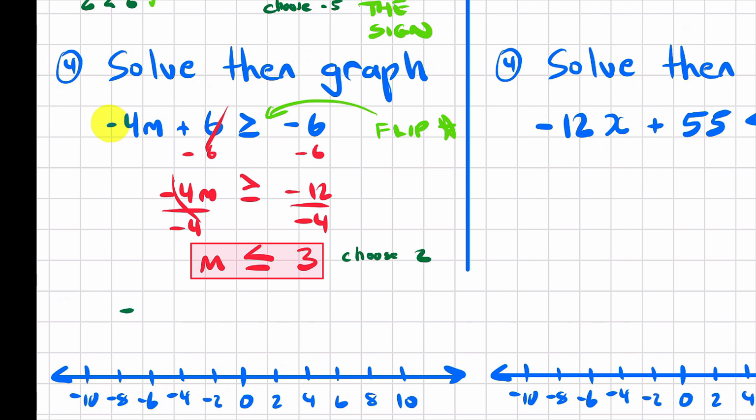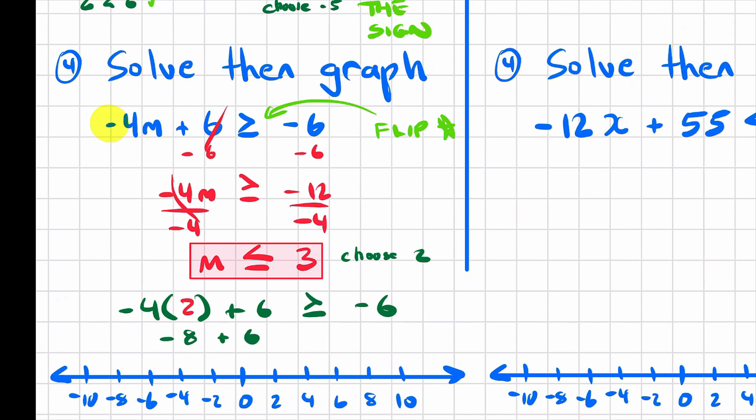So I'm going to be negative 4 bracket plus 6 should be greater than or equal to negative 6. I'm going to substitute a 2 into that spot right there. So I get negative 8 plus 6. Is it greater than or equal to negative 6? And I get negative 2, and that is definitely greater than negative 6.